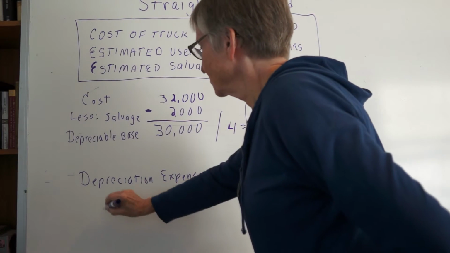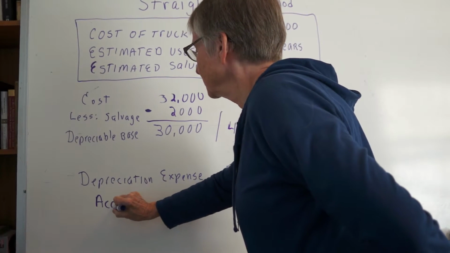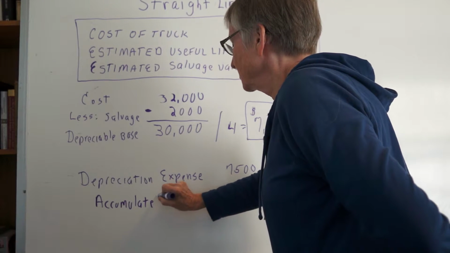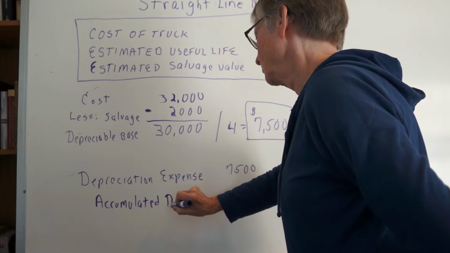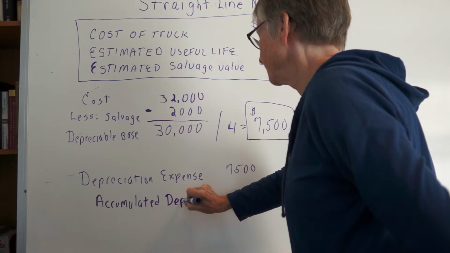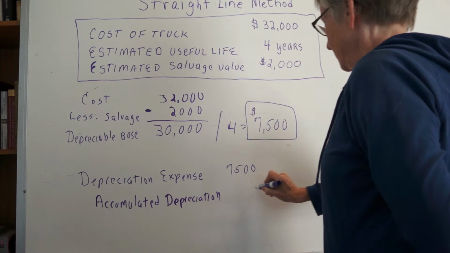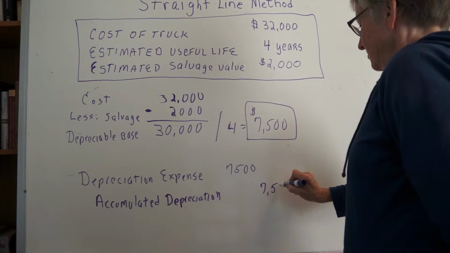And then the credit is to an account called accumulated depreciation. So we're just accumulating the depreciation. And that would also be $7,500.